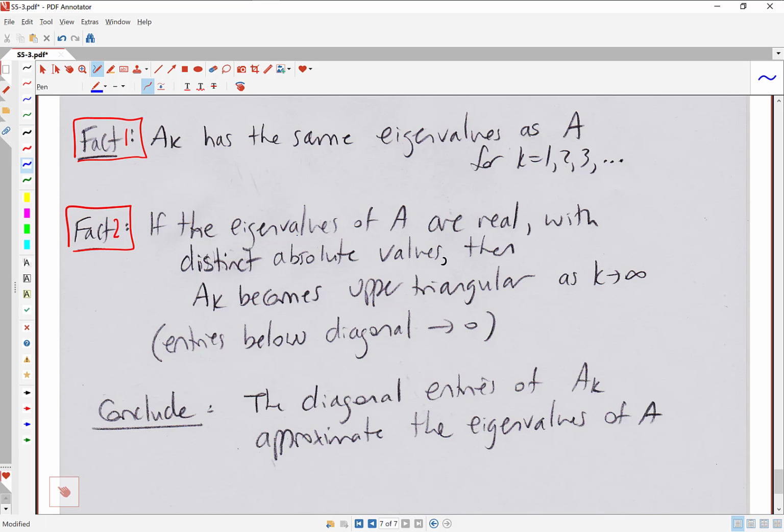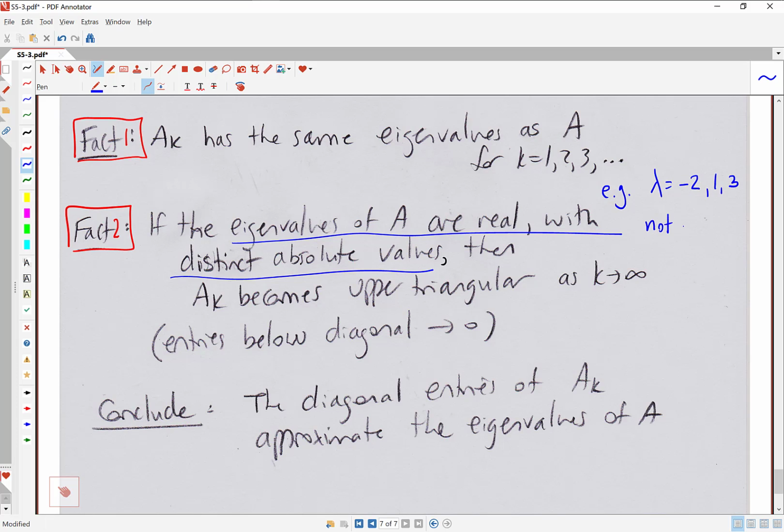So let's talk about this clause where we say the eigenvalues of A are real with distinct absolute values. For example, let's do a scenario with a 3x3 matrix to keep it simple. Let's say your eigenvalues are -2, 1, and 3. Then all your eigenvalues are real and they all have distinct absolute values. The absolute values are 2, 1, and 3.